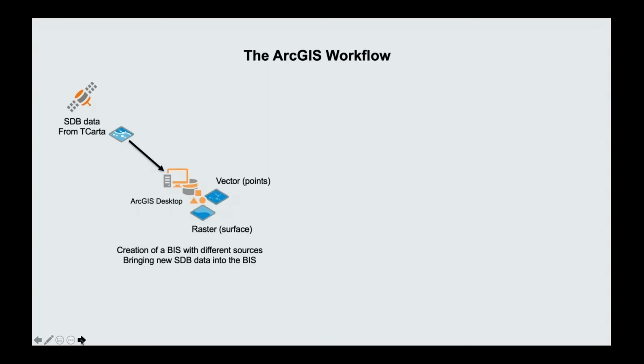In this solution, we create a database that we call the Bathymetric Information System, or BIS, where we can store and analyze raster data, vector data, and point data sets. Once we have our data in the BIS, we can combine these different types of data sets and make surface analysis. We can also create bathymetric surfaces based on different criteria and use them for different purposes.